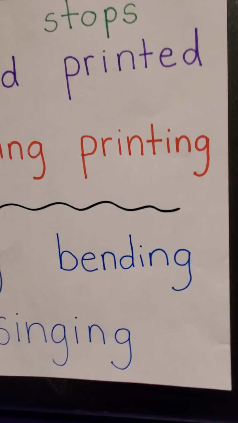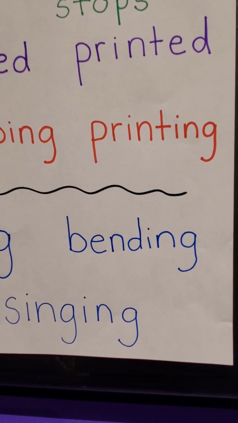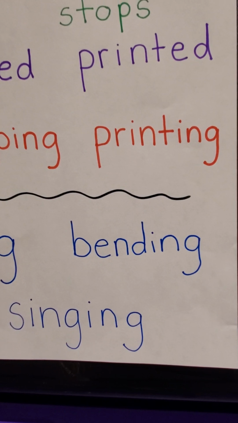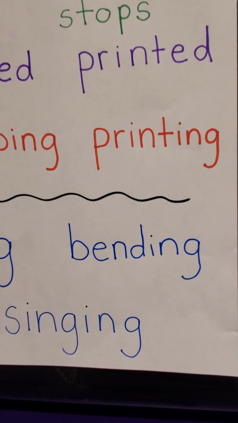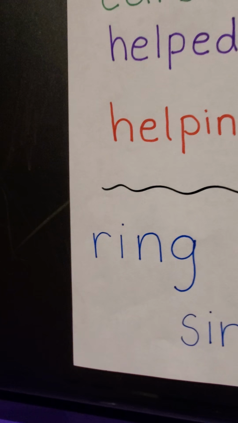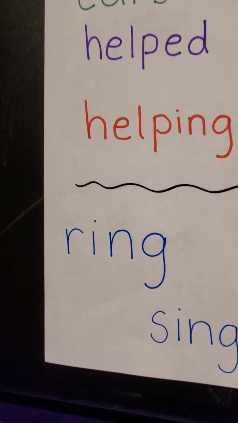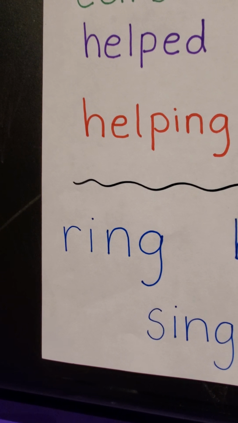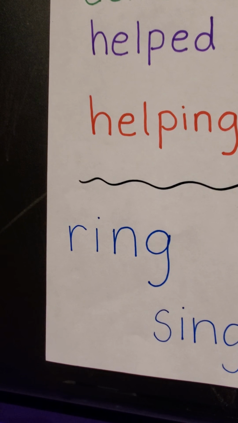So ring could just be a sound that a phone makes or a piece of jewelry you wear on your finger, but you're not adding ing to the end of it. It's just part of the word.